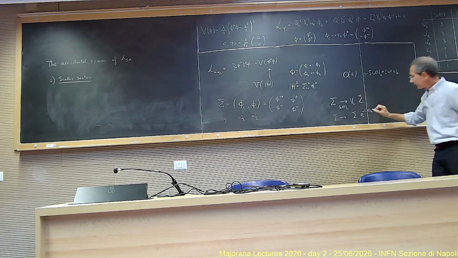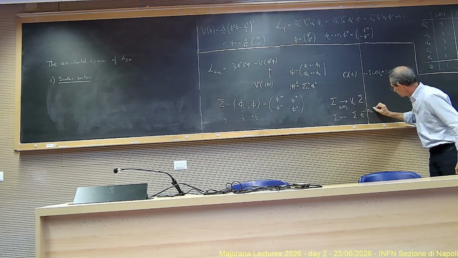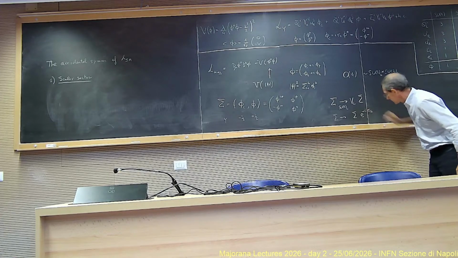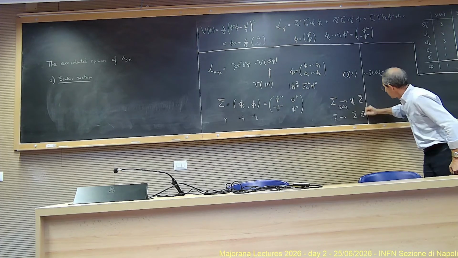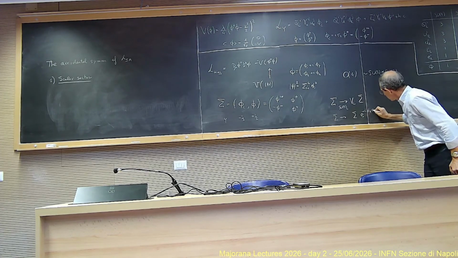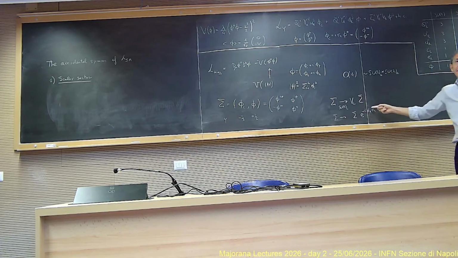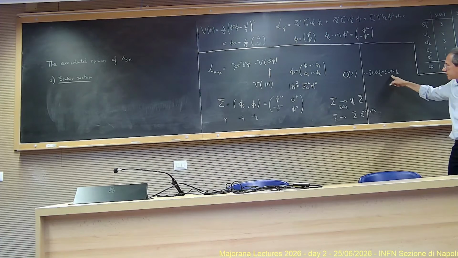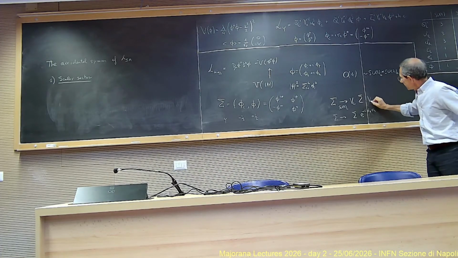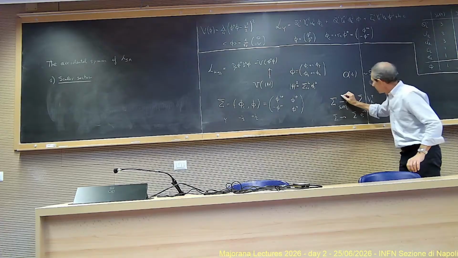So, here, something like this, where alpha is the parameter of the transformation. So under this global symmetry, you see this transforms like this.